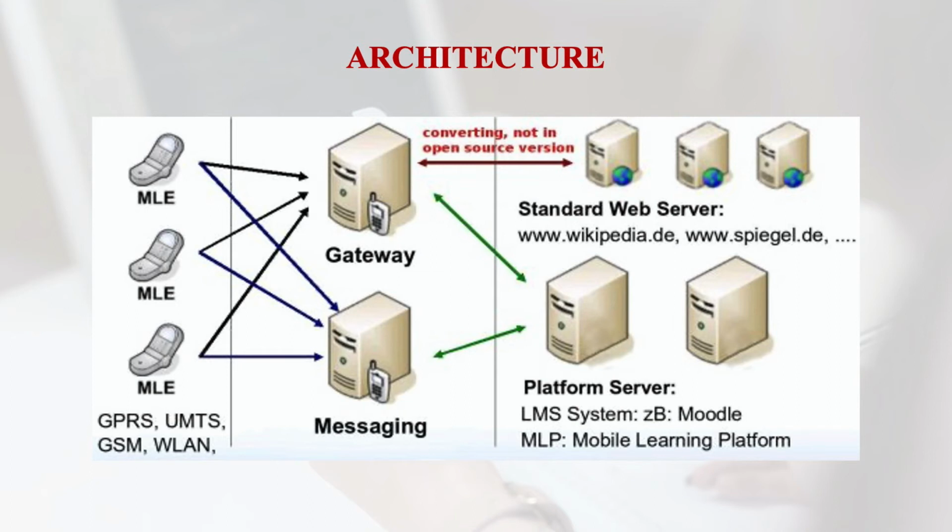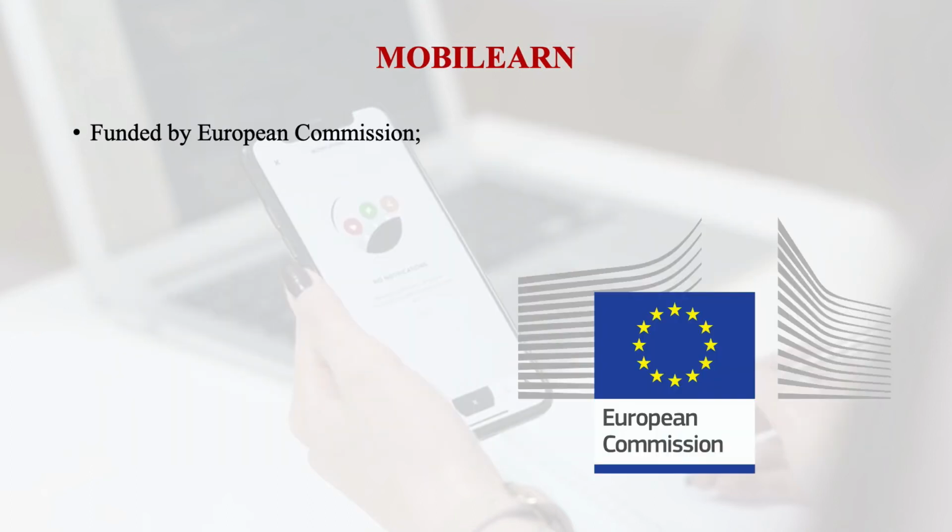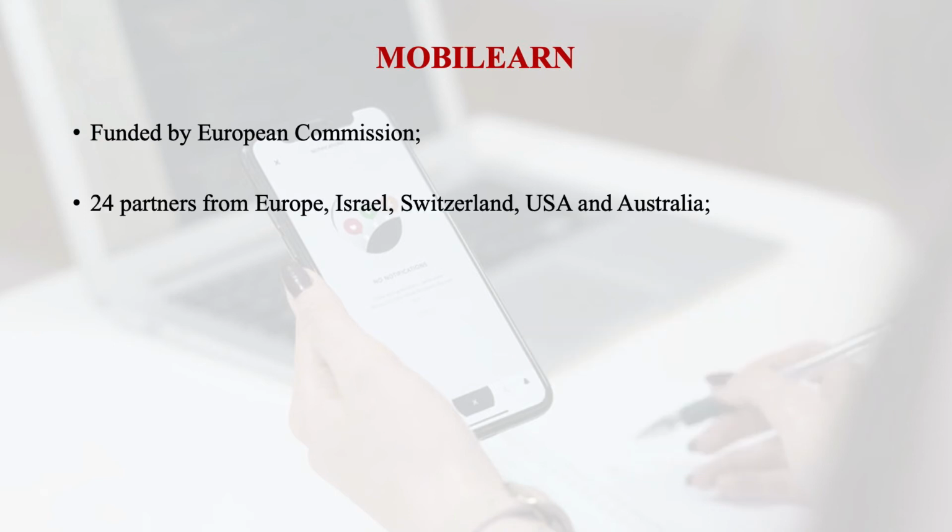The other is MobiLearn. It is funded by the European Commission. This project has 24 partners from Europe, Israel, Switzerland, USA and Australia. And also the special interest group of this particular MobiLearn project contains 250 institutions worldwide.